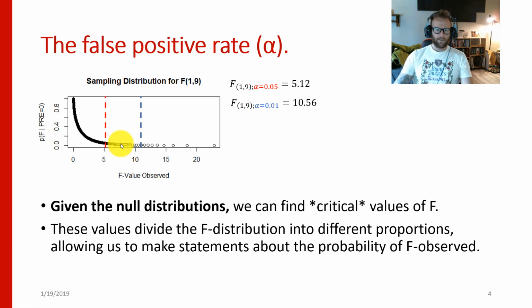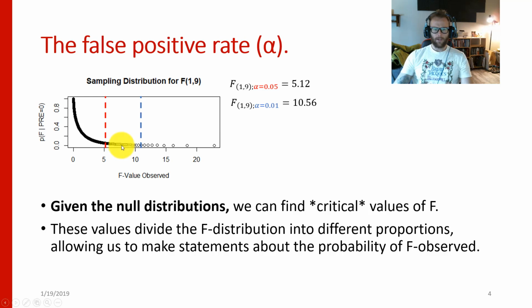Now, an F observed value of 7 is relatively unlikely, and you can contrast that against the probability of getting that, assuming the effect is 0. So this is unlikely in the null distribution. But in one situation, an F of 7 is greater than the F critical value, and in another situation, an F of 7 is less than the F critical value.